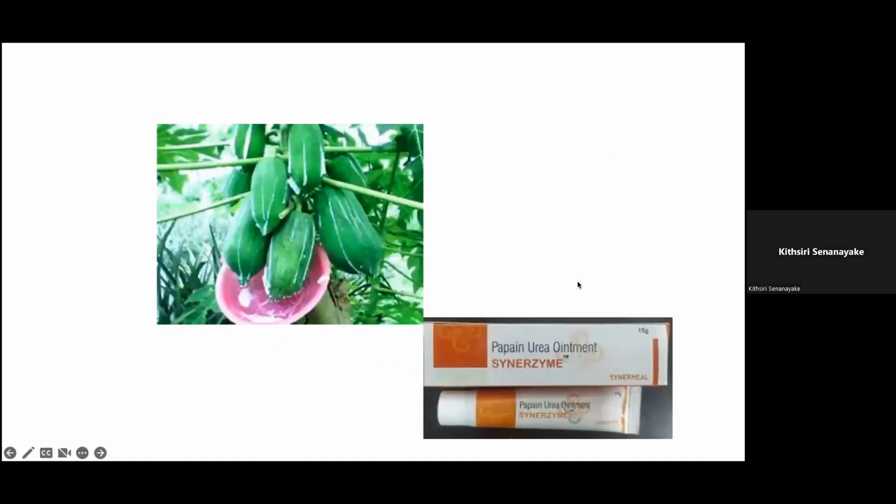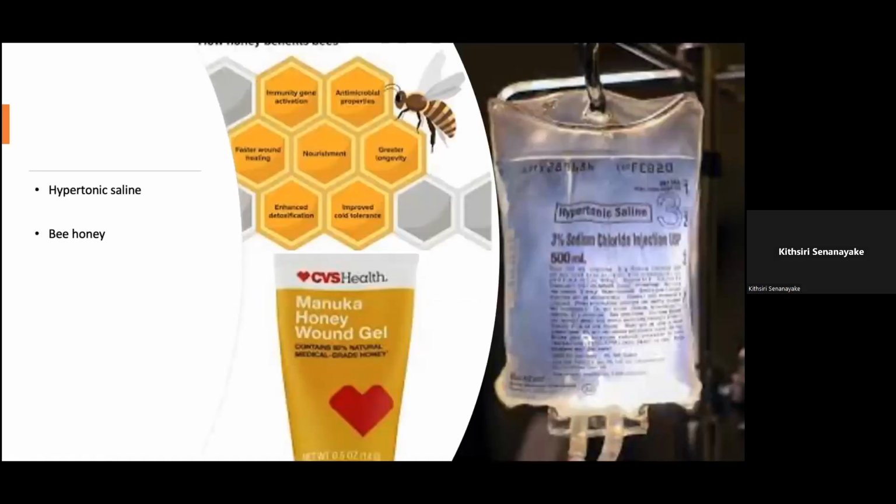So these are the papain urea ointments. These are for sloughy wounds, right? And also, one of the easy things to use is hypertonic saline in our setting. If you see the wound is sloughy, then you can use hypertonic saline.